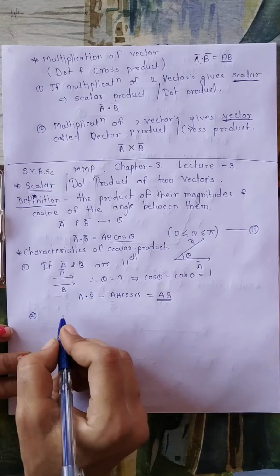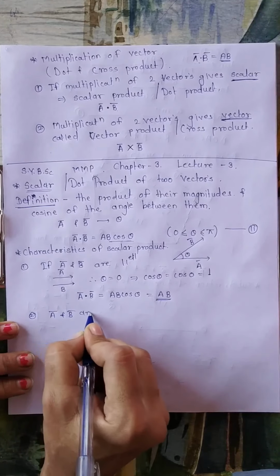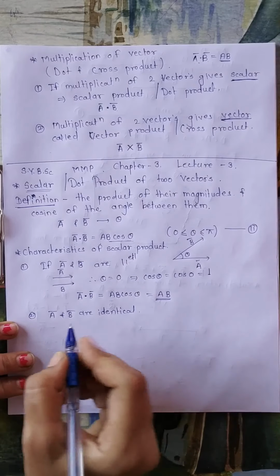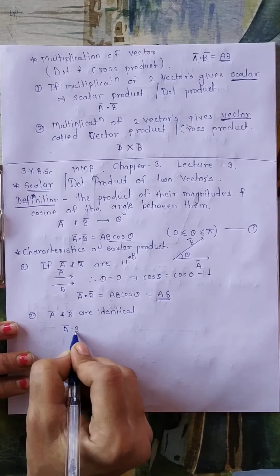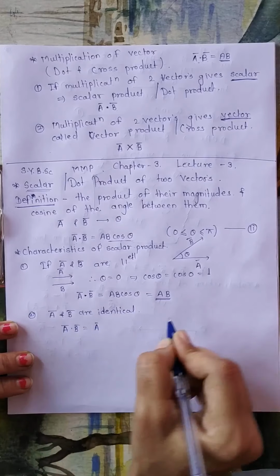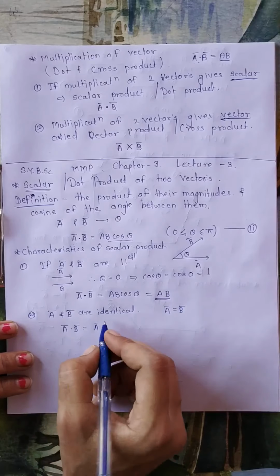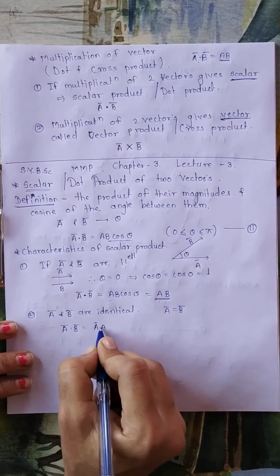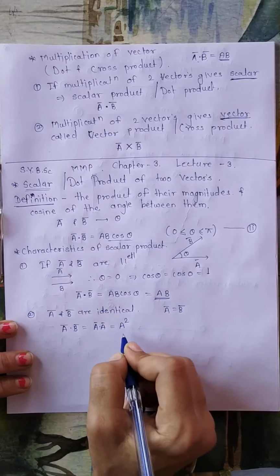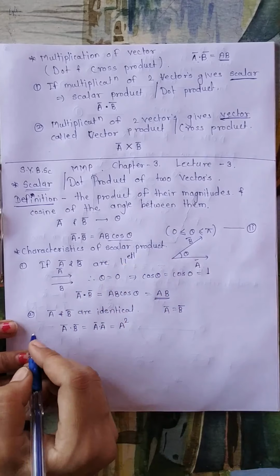Now if two vectors are identical, that is a bar and b bar are identical, then their dot product a bar dot b bar, since both are equal, I can take a bar equals b bar, so I can put here a bar dot a bar, and it is taken as a square, which is a scalar quantity according to equation 11.